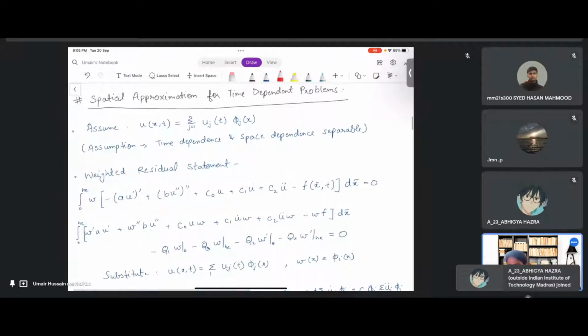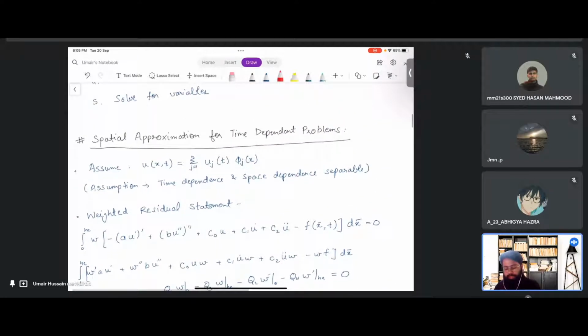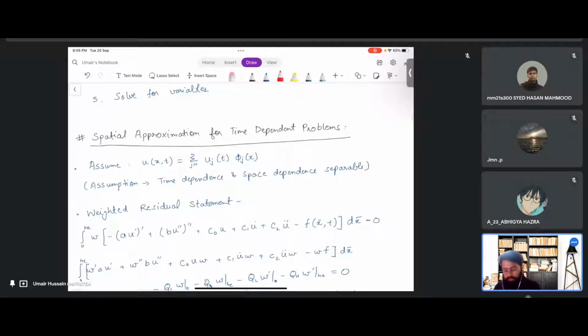The way we approximate the solution now is in this form. We make an assumption that the time dependence and space dependence are separable, which is quite true in most of the problems that we solve.